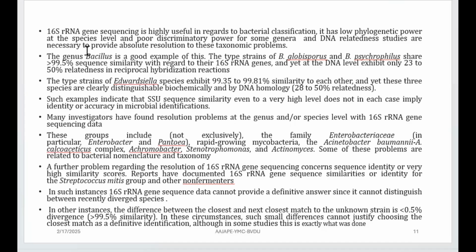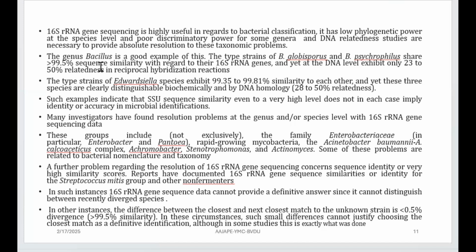Now, an example is there. For example, Bacillus. The type strains of Bacillus globisporus and Bacillus psychrophilus share 99.5% sequence similarity when they are scanned for the 16S rRNA gene. But at the DNA level they exhibit only 23 to 50% relatedness in hybridization studies.